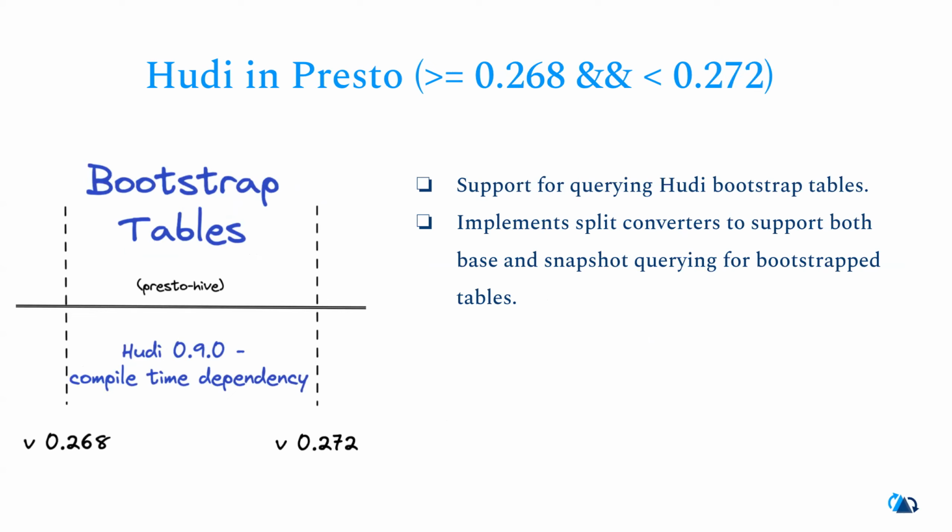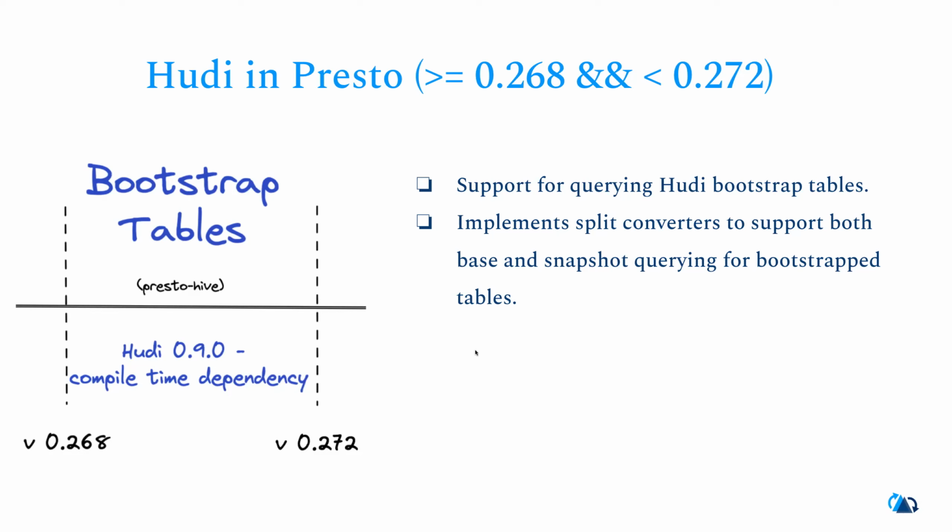So today, just using the Presto Hive connector, you can do snapshot querying for copy on write, merge on read tables. You can do the same for bootstrapped Hudi tables. And yeah, from version 272 later on, we added a few more improvements.